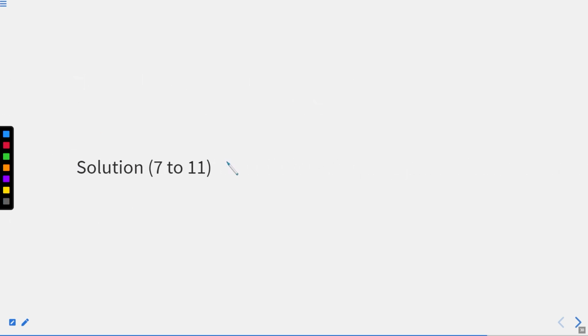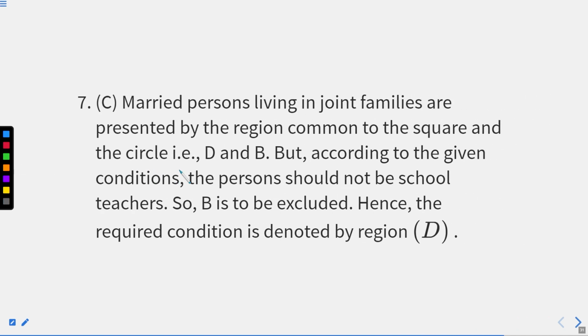Now, the solution, right? Although I have discussed each and every question, I'll read the solution for you again. For 7, married persons living in a joint family are represented by the region common to the square and the circle: B, D and F, but according to the given condition, the person should not be a school teacher, so B is excluded.